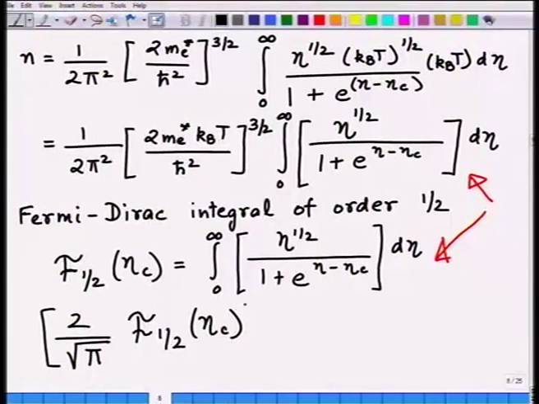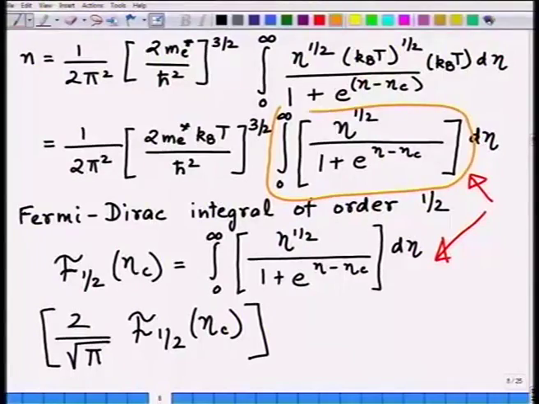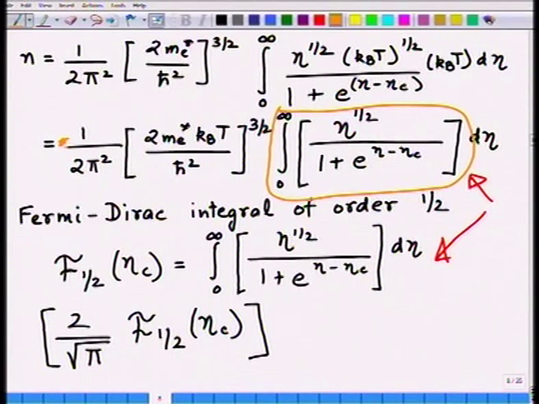I will multiply this function by 2 over root pi, and I will also put in front the inverse of that, root pi by 2. And if I do that, then I can write this whole quantity n as follows. So, let us substitute all the values in there and carry on from there.